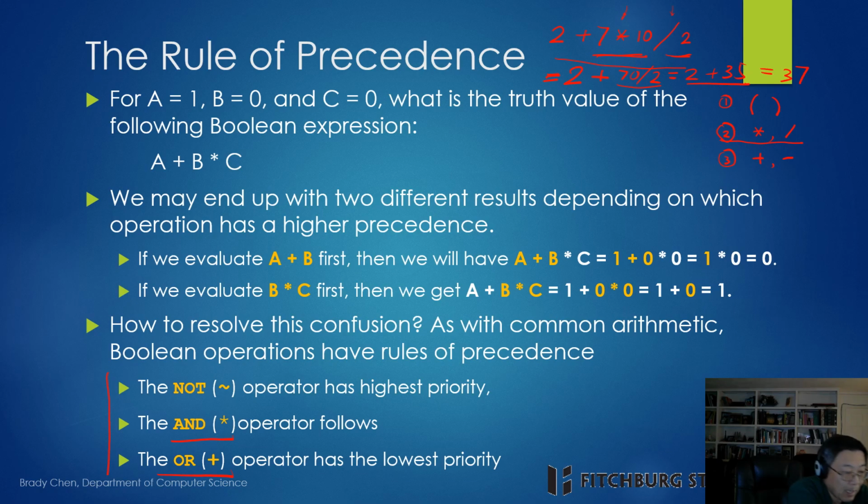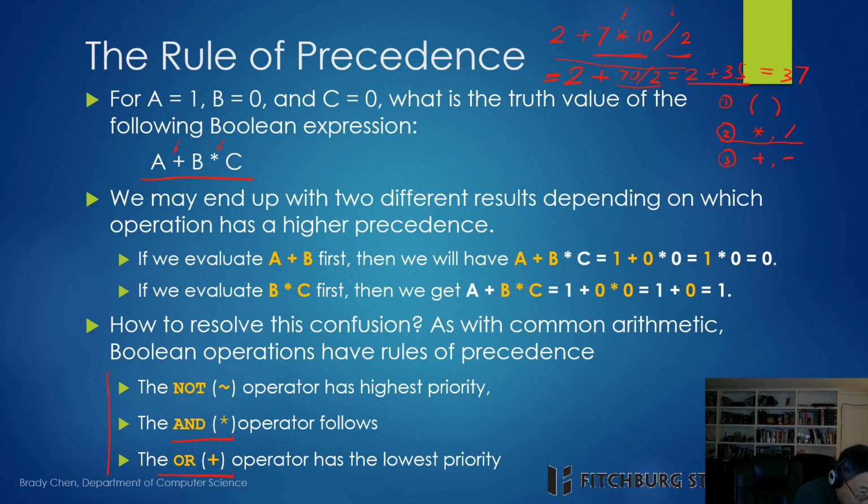So in this particular case, we have A plus B asterisk C. That's OR, that's AND, and there's no NOT operator.